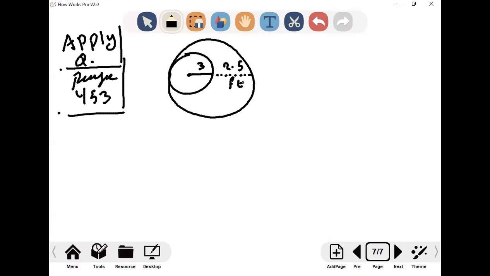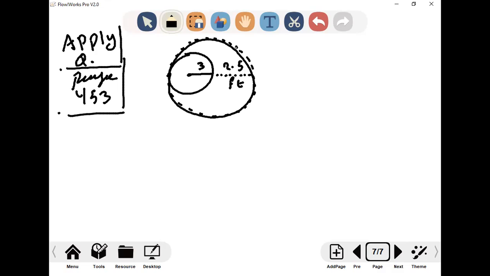Again, the given is the radius for Kama, right? And they said the diameter of the neighbor is longer than the diameter of Kama's garden by 2.5. How much landscape edging does her neighbor need to border her garden? To border her garden means she wants to put something around, right?